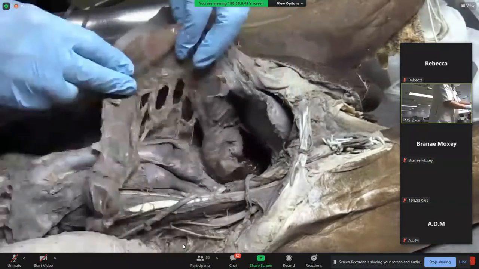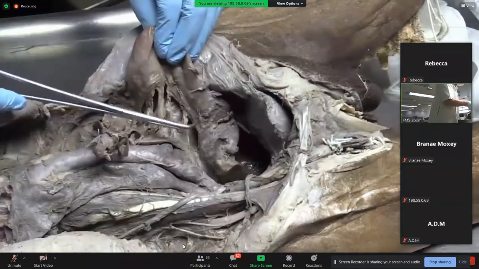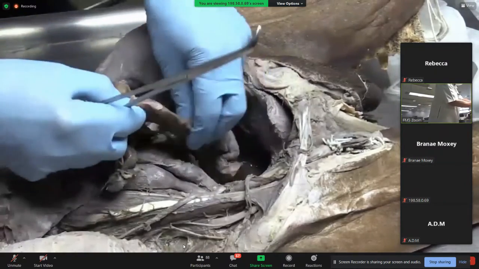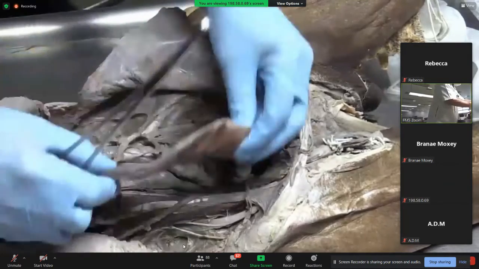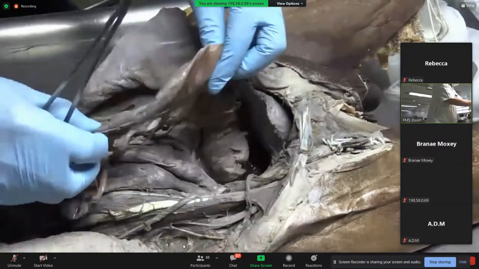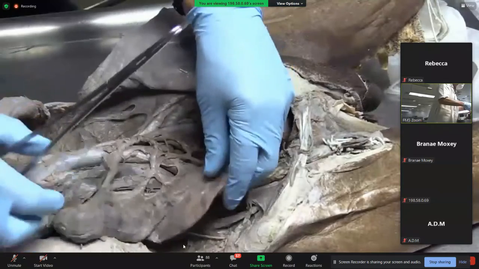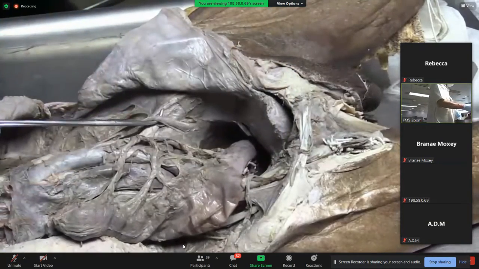All right, so here is the sigmoid mesocolon. So I have to dissect this off because sometimes I go into a tumor right here. I have to take away this sigmoid tumor. I have to dissect the sigmoid and reflect it before I can resect it. You see. So when I'm doing that, taking it off, what is this structure coming up here that I have to watch out for?